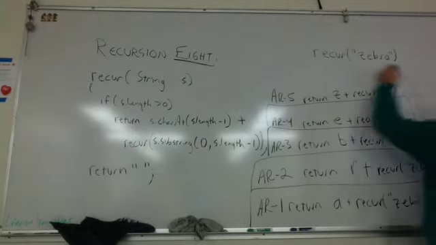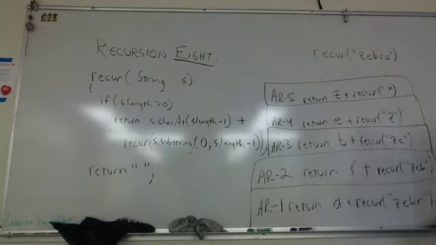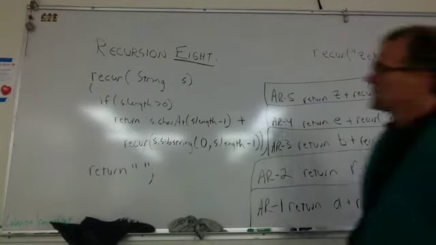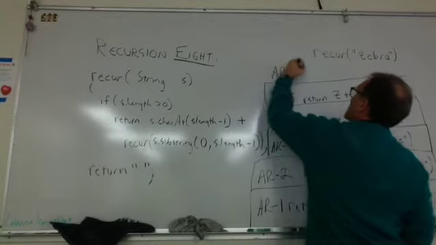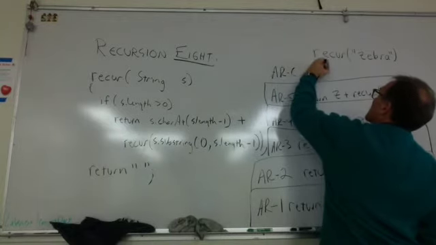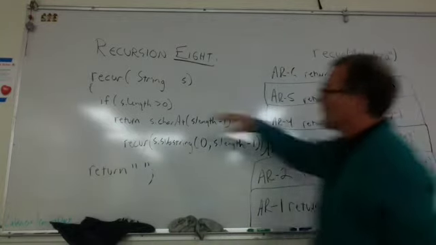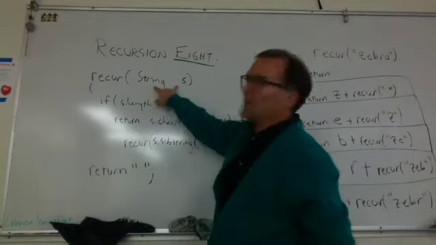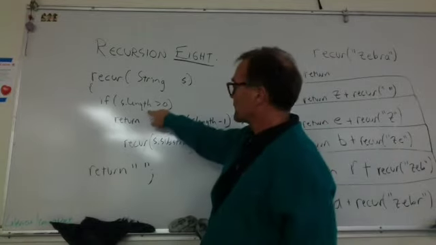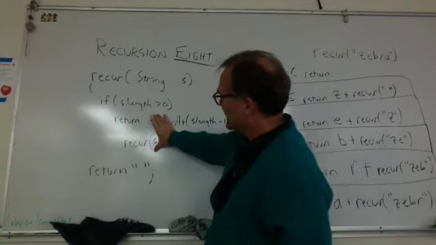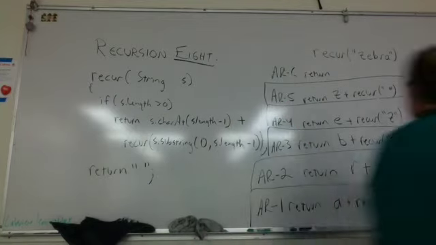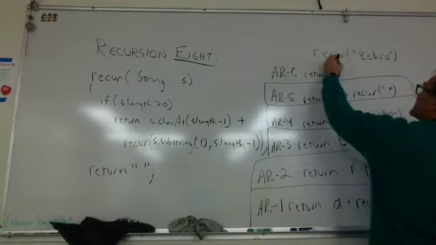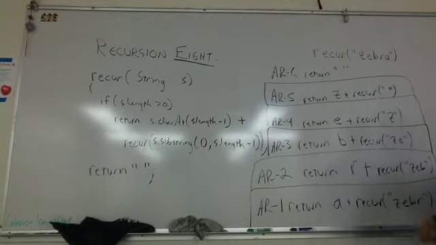Well, what happens when you call recur with an empty string? We go into recur with an empty string. The length is no longer greater than 0, so we don't return this. We return this empty string instead. So all this gives us is an empty string.